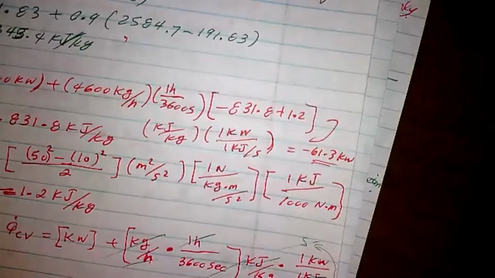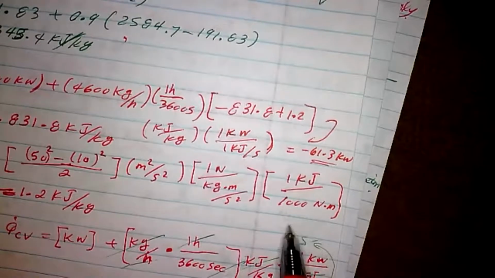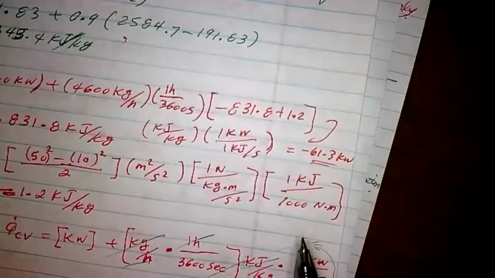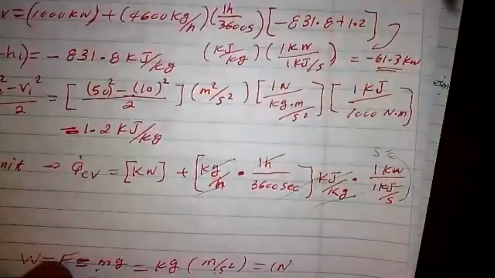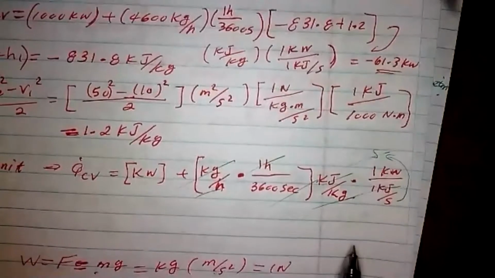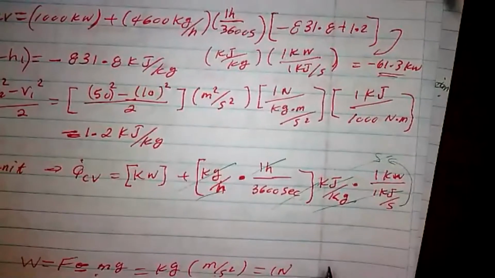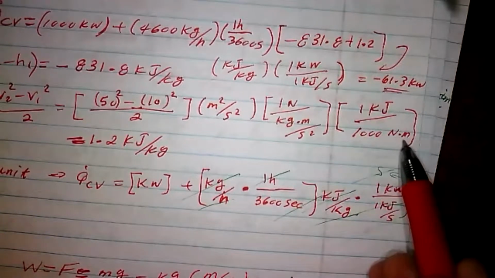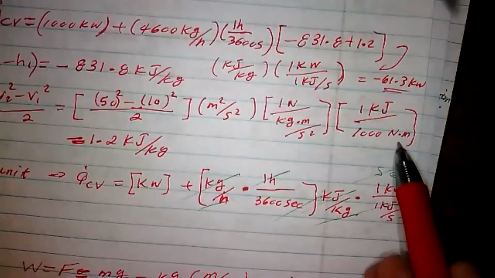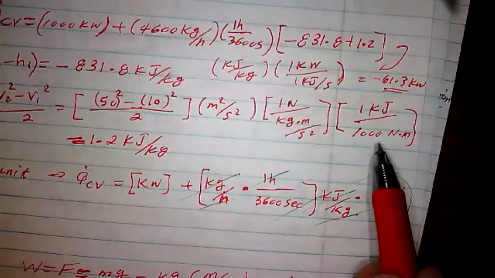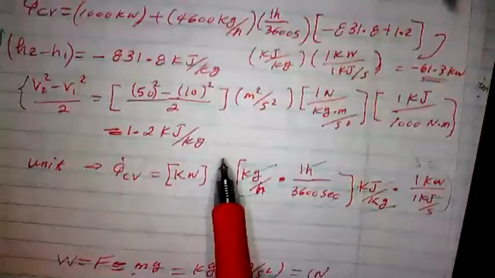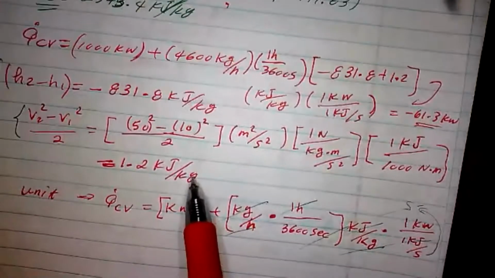So then we have to divide by 1,000 Newton meters because 1 kilojoule is 1,000 Newton meters, okay? And if you look at the units here, Newton meters, we need to end up with kilojoules per kilogram for the kinetic energy.